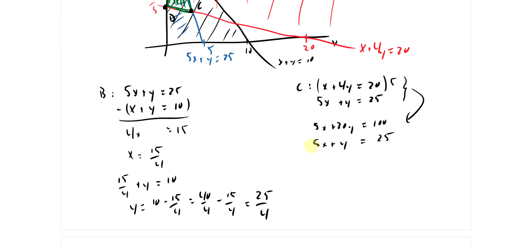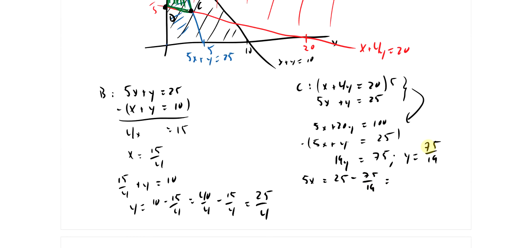So if I just subtract here, what am I left with? 20y minus y is 19y. 100 minus 25 is 75. So y equals 75 over 19. If I plug that back into one of my two equations, say this one, we get 5x equals 25 minus 75 over 19.